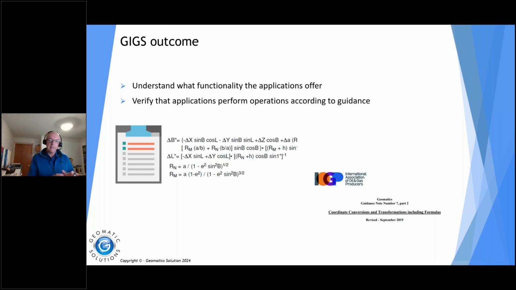The GIGS test data set includes a lot of positions and a lot of CRS definitions that you run through your applications. They will then come back and say, this application performs within 3 millimeters of the expected output, or this application doesn't actually do NADCON transformations, or this application doesn't allow you to do bespoke CRSs.